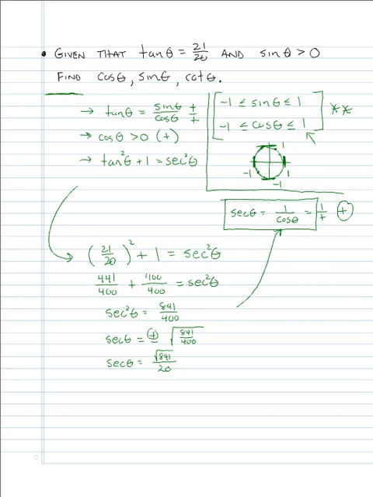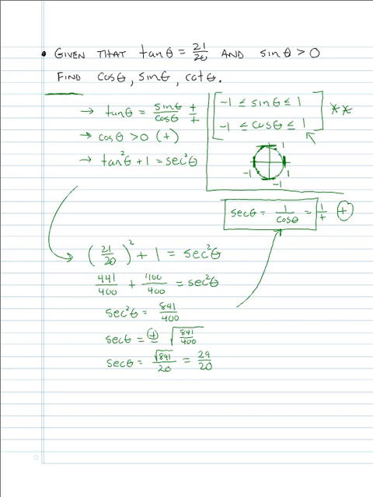Now the question ends up being, can we simplify the square root of 841 before we move on? Well, it so happens that the square root of 841 comes out evenly. 841 is a perfect square. The square root of 841 is 29. So the secant of theta is actually 29 over 20. Okay, now here's what we know.